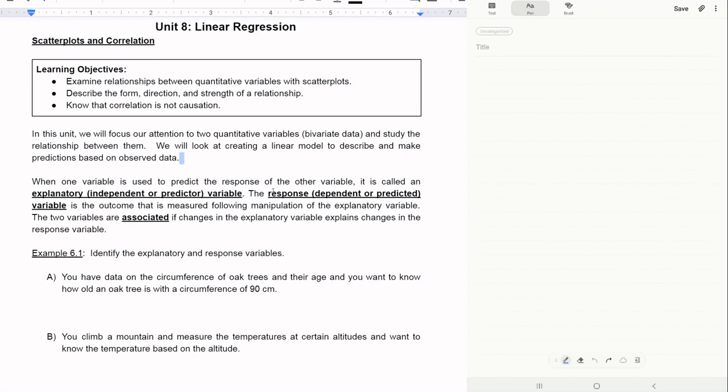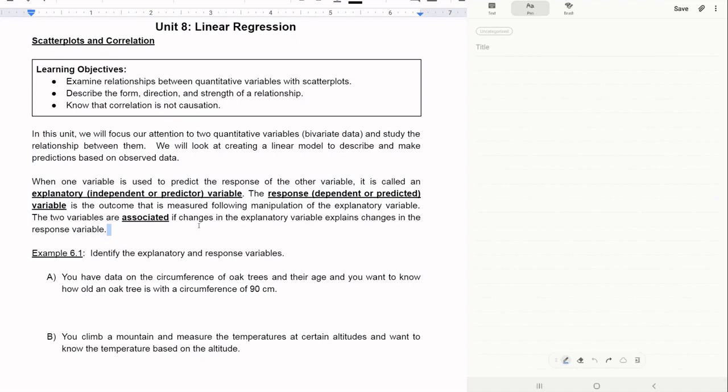The response variable, sometimes known as the dependent or the predicted variable, is the outcome that is measured following manipulation of the explanatory variable. We say that these two variables are associated if changes in the explanatory variable are able to explain the changes in the response variable.